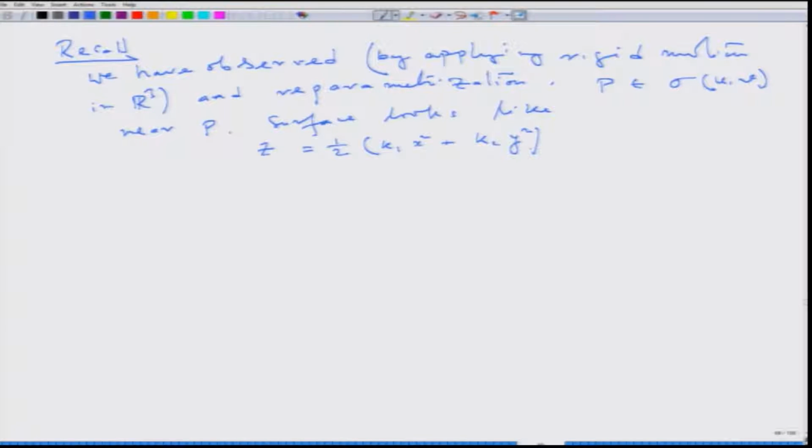So, it looks like a quadratic surface, where k1 and k2 are principal curvatures. See, here we make a definition and then we make some observation.